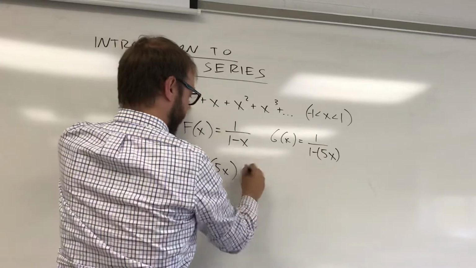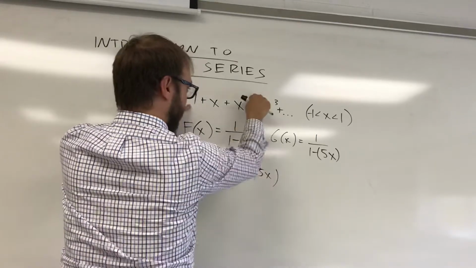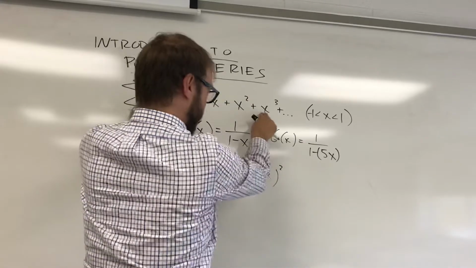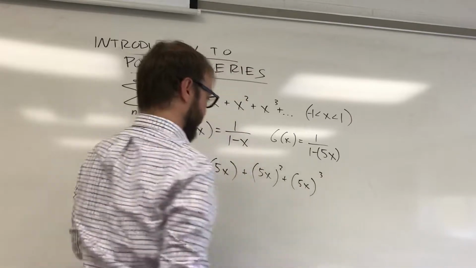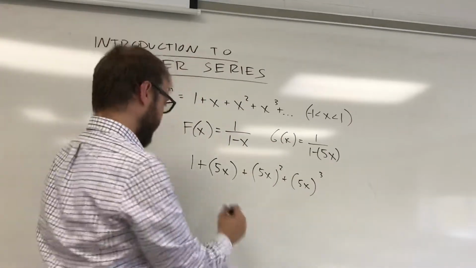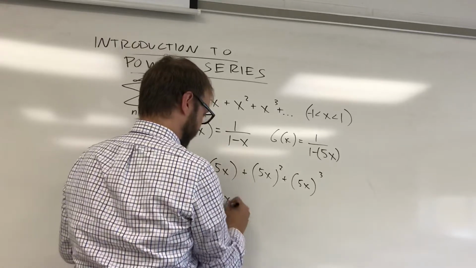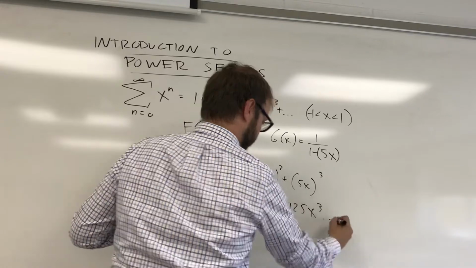My input in place of the x would be 5x. The input is being squared, okay? The input is being cubed, and a 5x would go in place of the input. And so you could write the series this way, and it would continue on out infinitely. You could simplify it. You could write it as 1 plus 5x plus 25x squared plus 125x cubed, and so on.